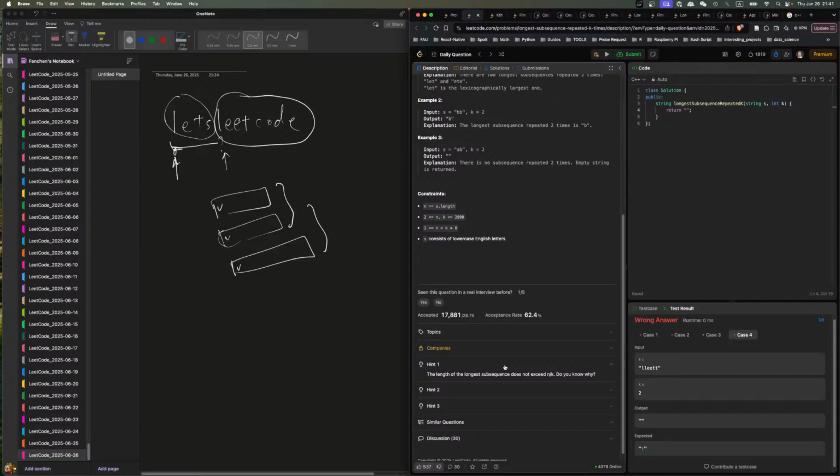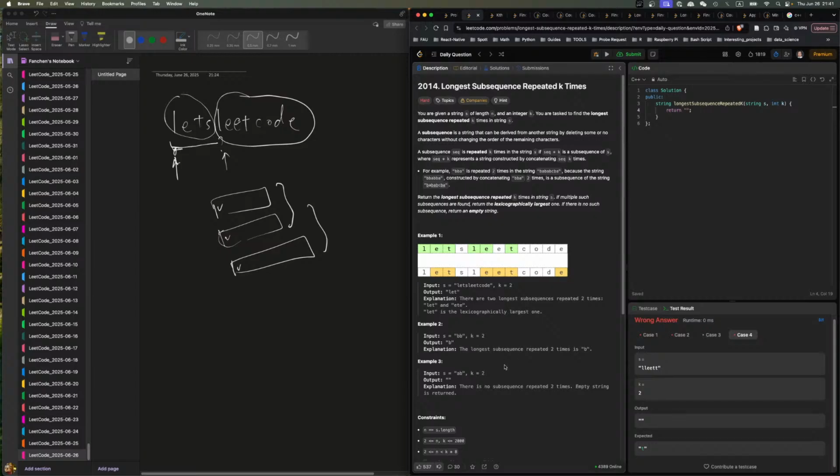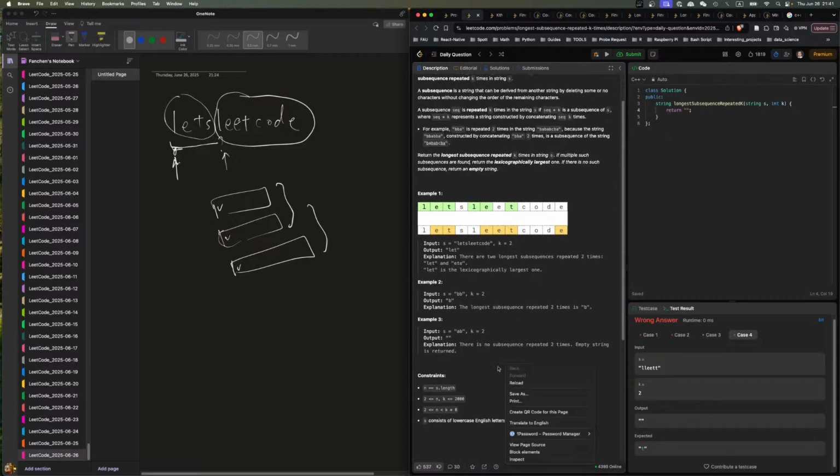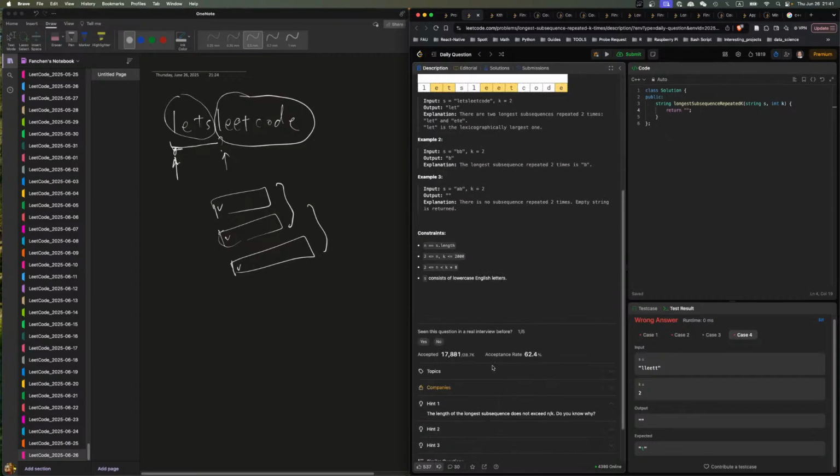The length of the longest subsequence does not exceed n divided by k.